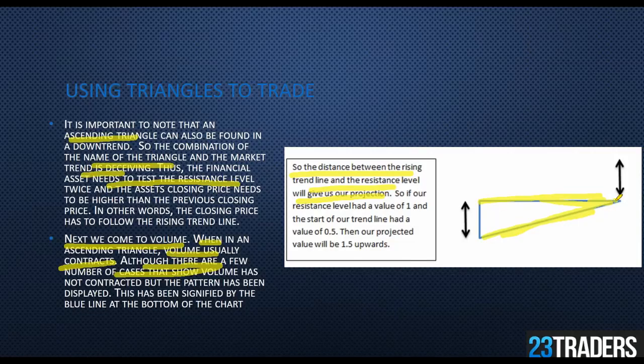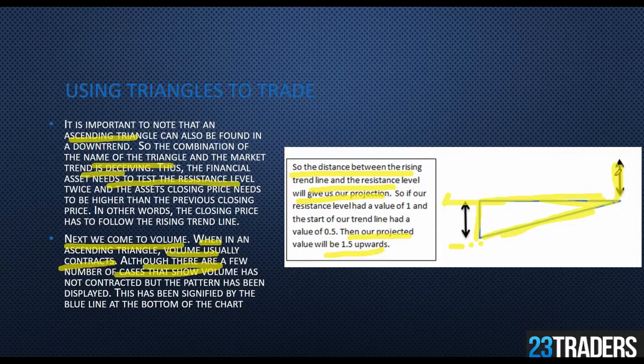So at this point, if we get the breakout, okay, this breakout should be equal in the distance of the third side of the triangle. So if our resistance level had a level of 1 and our trend line had a level of 0.5, then our projected value would be 1.5.